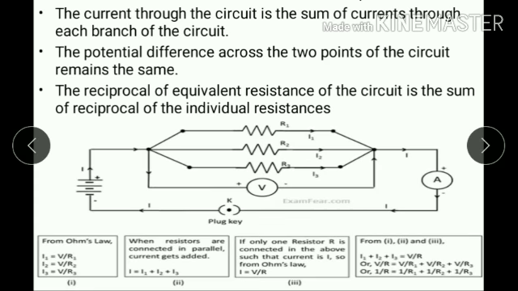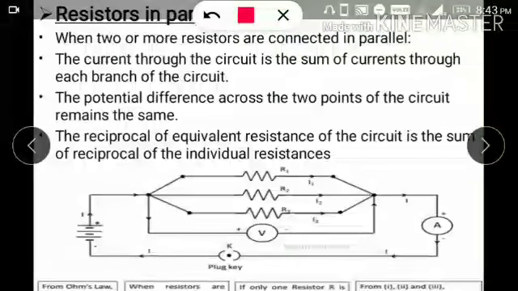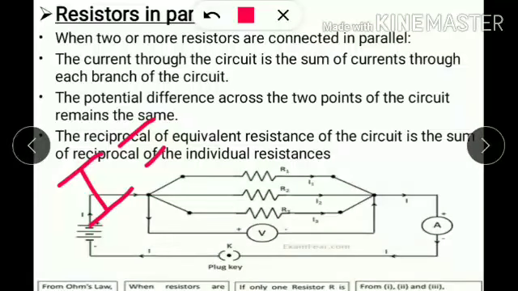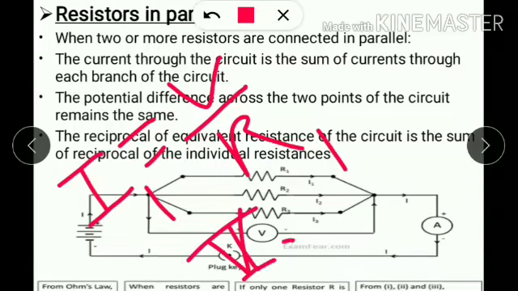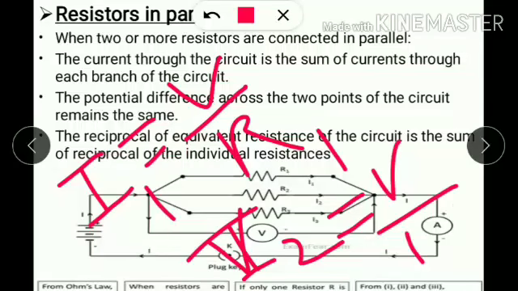So the formula is V is equal to IR, so I is equal to V upon R. Then you can say I1 is equal to V upon R1. Then the second formula is I2 is equal to V upon R2. This is another formula.